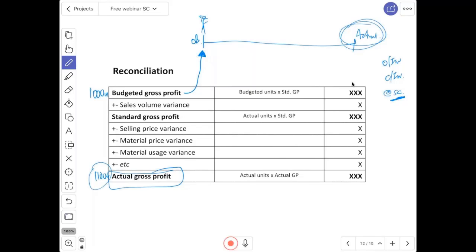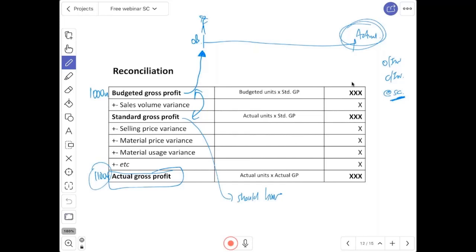But what is this standard profit in the middle then? Because I remember they asked us to reconcile standard profit to actual profit, or sometimes budgeted profit to actual profit. And I always thought standard profit and budgeted profit must be the same thing. Standard profit is what we know now as should have.